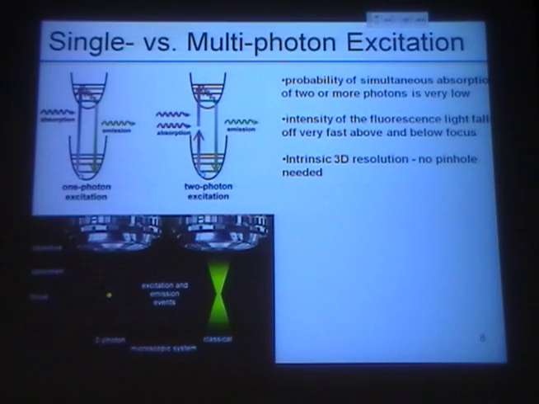And so you can see both of those processes illustrated in here. This corresponds to the single photon process, the classical one, and here you can see the two photon absorption process. This would be better to reverse.